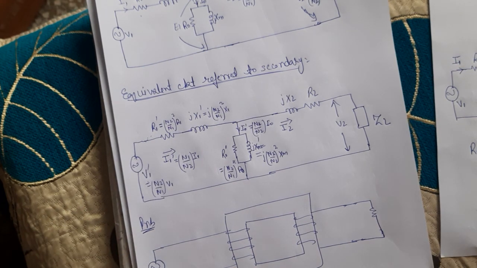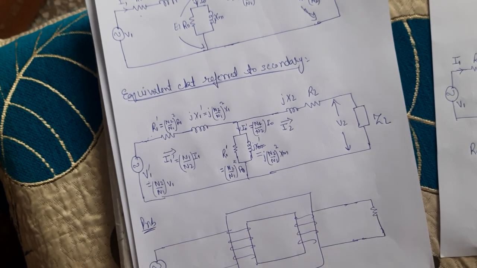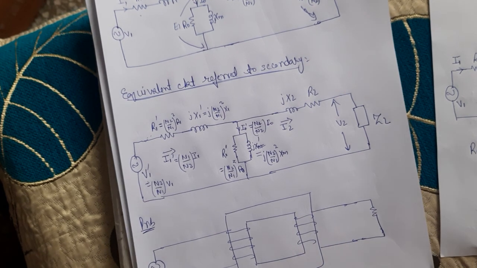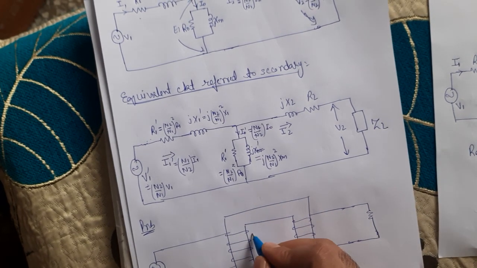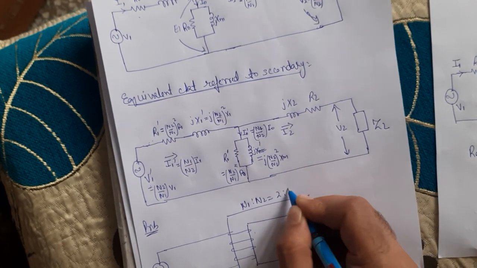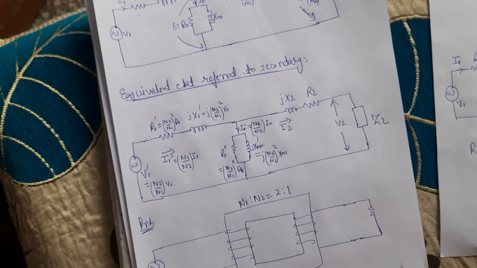The parameters given to me are that it is a 230 by 115 volt transformer. If it is a 230 by 115 volt transformer, what will be the ratio N1 is to N2? It will be 2:1, because on the side where the number of turns is more, the voltage will be more. So the turns ratio will be 2:1.